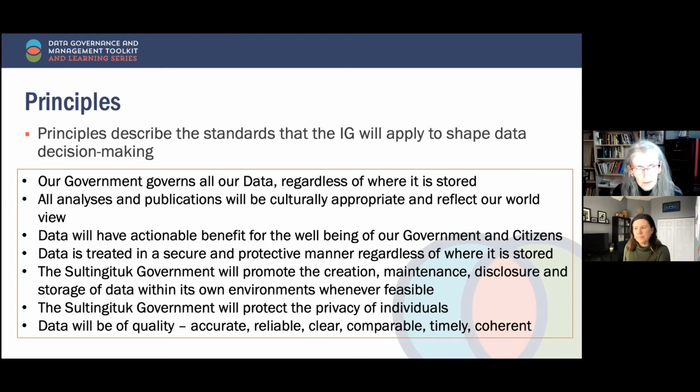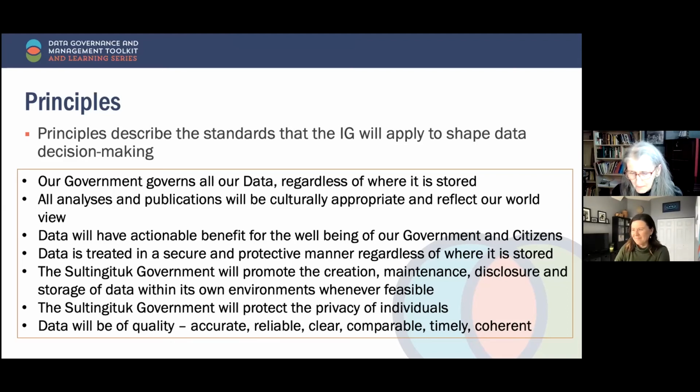Which is just that whole picture perspective that OCAP so eloquently talks about. The analysis and publications are for the benefit and well-being of the nation and its citizens, the government and its citizens, and reflect its worldview. Data provides the evidence to support the actions of government, and it is actionable. I said action twice. I think you get the point.